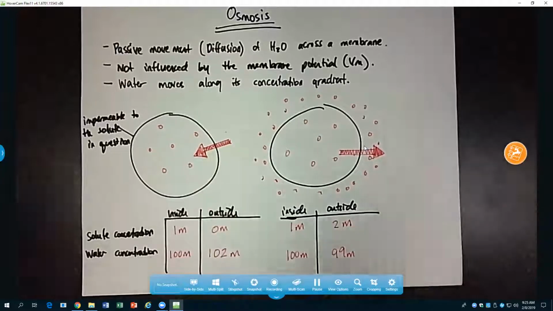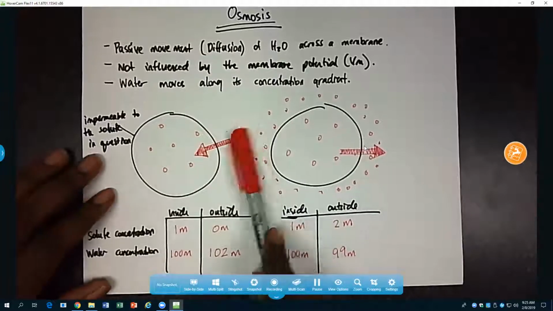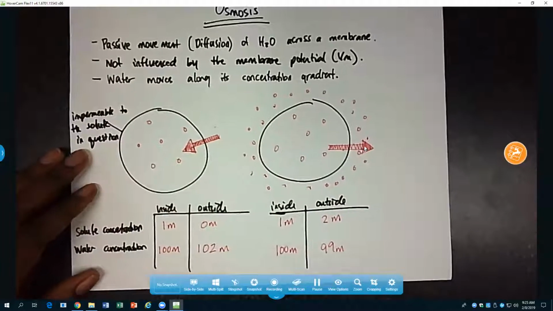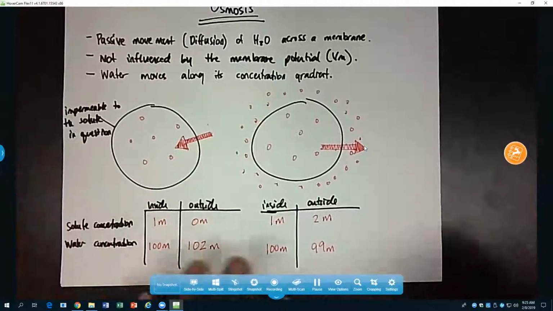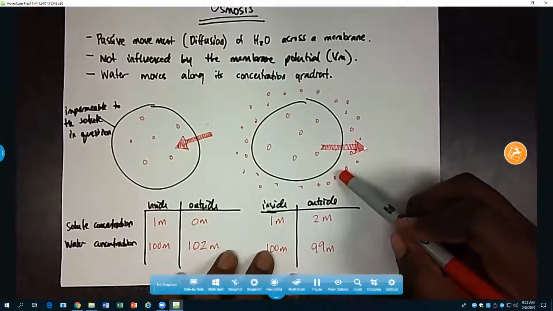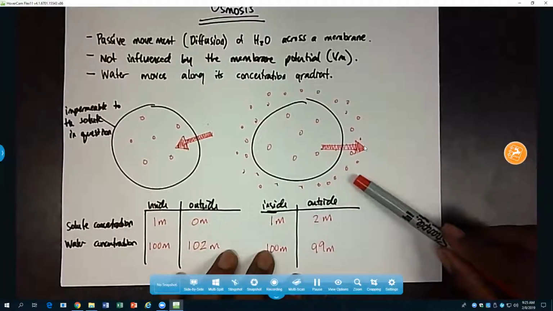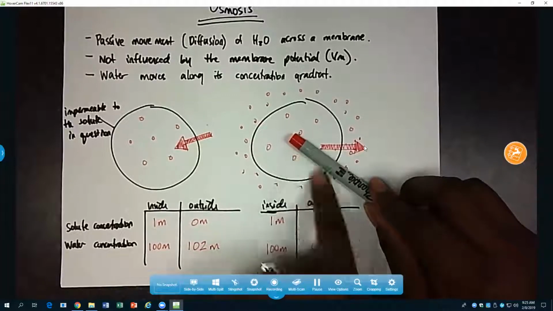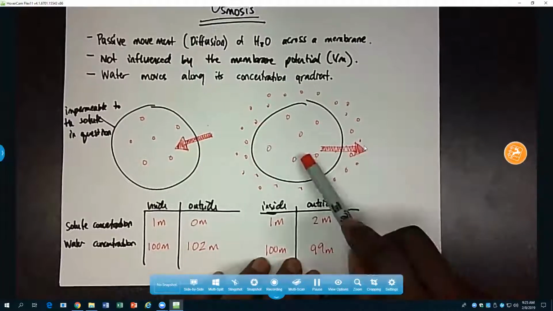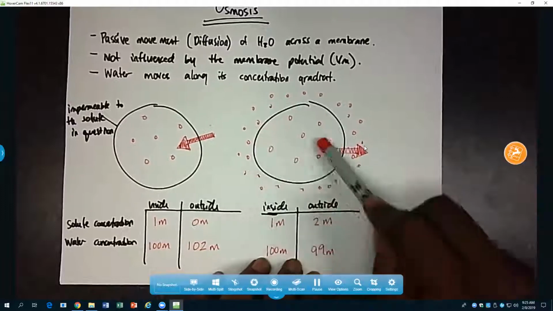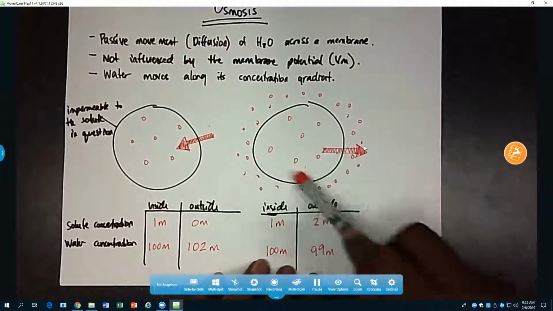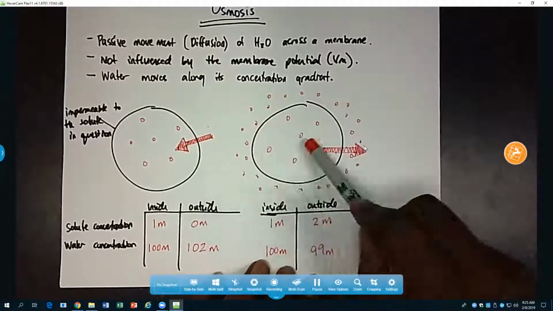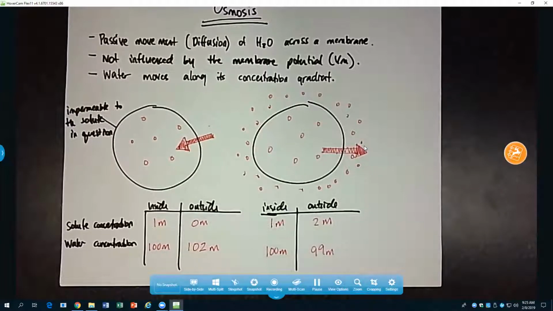And so we have a water gradient here as well, where water wants to move inside the cell. In the second scenario, same thing. Because that particle wants to move into the cell but cannot, water will then move according to its concentration gradient. There's more water inside the cell than there is outside, and so water moves freely along its own concentration gradient.